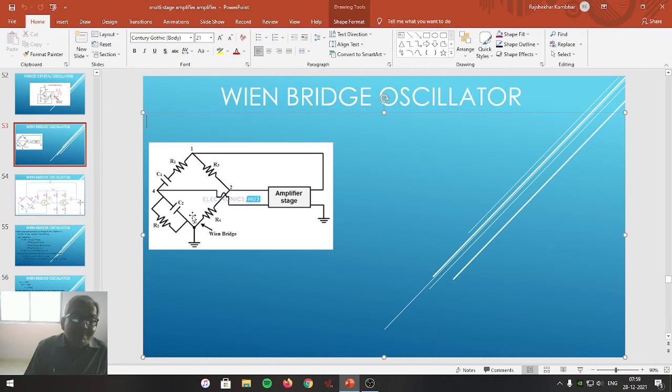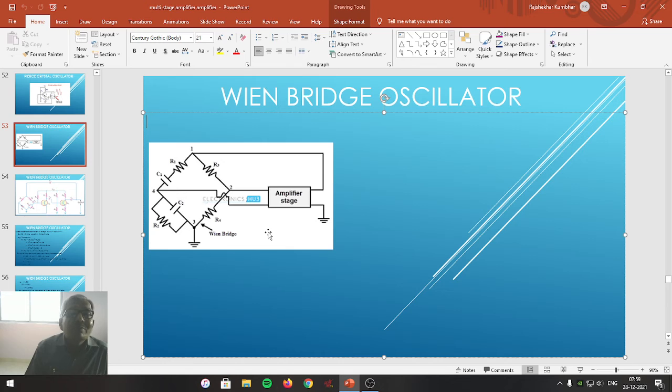Unbalancing condition is when the ratio of reactance of the series combination of R and C upon the reactance of the parallel combination of R and C is disturbed, naturally the bridge will be unbalanced. At that time, the oscillations so produced are given as an input to the amplifier and made available at the output.